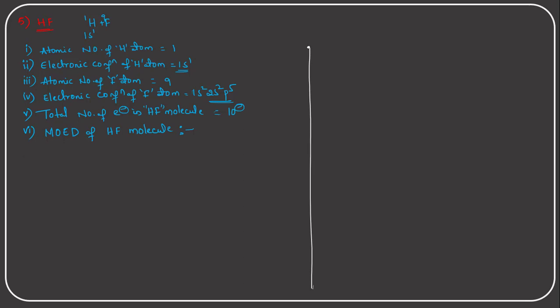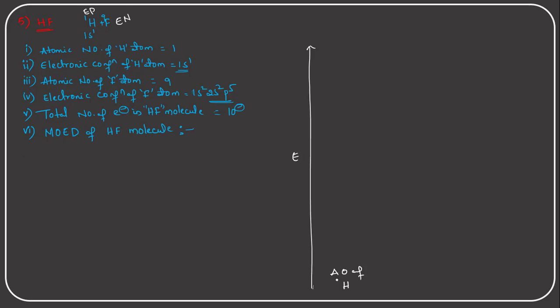So this is the energy level diagram. That is the reason I am representing with this arrow symbol, the ascending order from lower energy level to the higher energy level. And on this side I am taking the atomic orbital of hydrogen, because hydrogen is an electropositive element compared to fluorine, which is the electronegative atom.